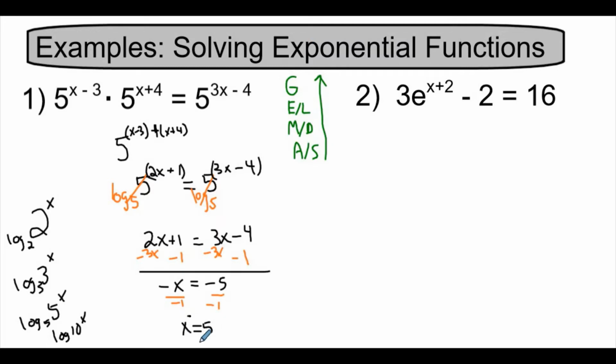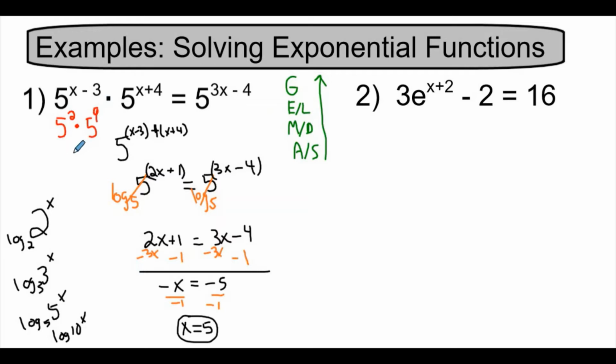The question is, does it work? You can always check this by just plugging it back in. And I mean, we could easily do this just in our brain, right? If I put 5 right here, I would have 5 minus 3. So this would become 5 squared. And then I want to multiply that times 5 in here, which would be 5 to the 9th power.